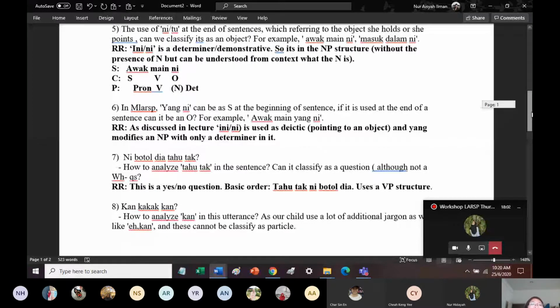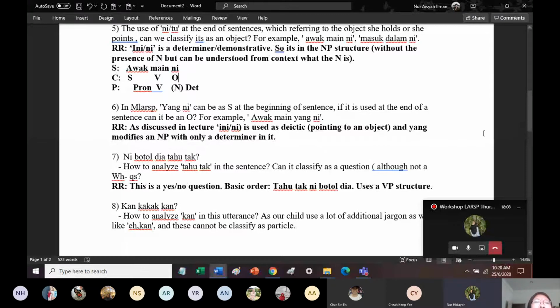Okay, so number 6. Ada soalan lain? Ada soalan lagi pasal ni? Okay. So in Malay LARSP yes. Ada soalan? Tak ada doktor. Okay, thank you.